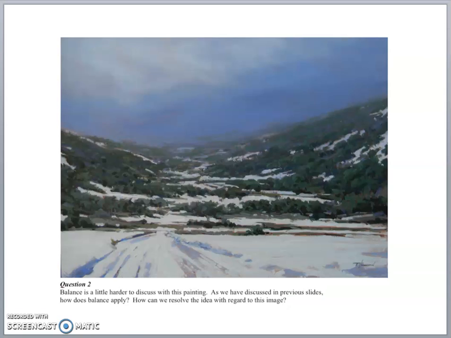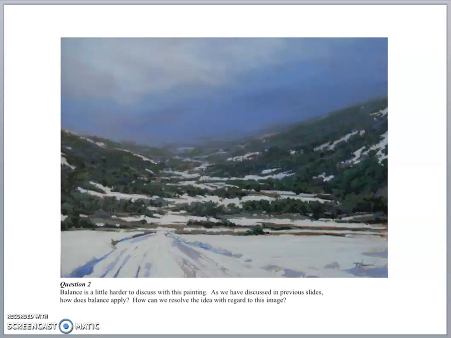Here in this oil painting, balance is a little harder to discuss. But we have discussed in previous slides how balance does apply. What kind of balance do you think would apply here? How can we resolve the idea with regard to this image?